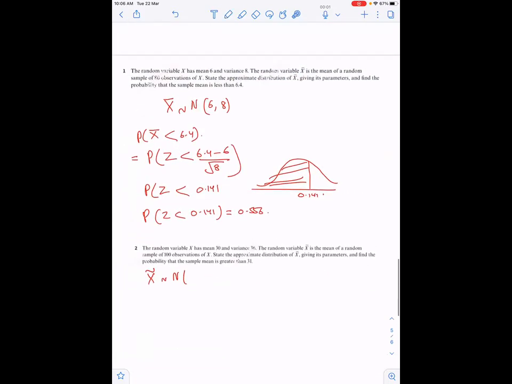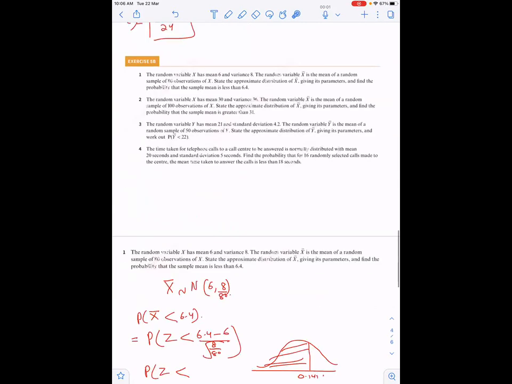I made a mistake here. Since you have a sample of size 80, you have to divide it by 80 here. And here also you have to find square root of 8 upon 80. You understand? Because we know that the mean is going to remain the same, but the actual variance will be divided by the sample size.